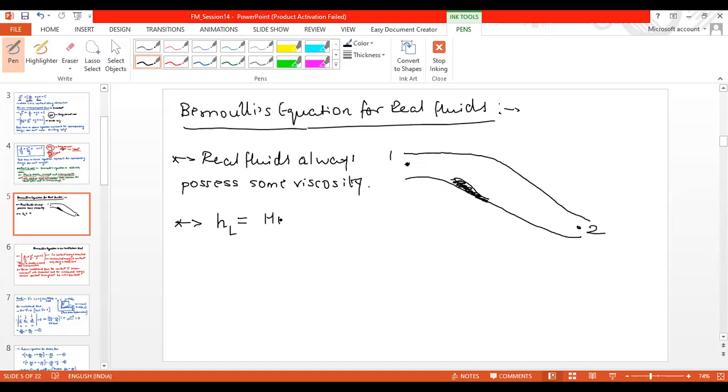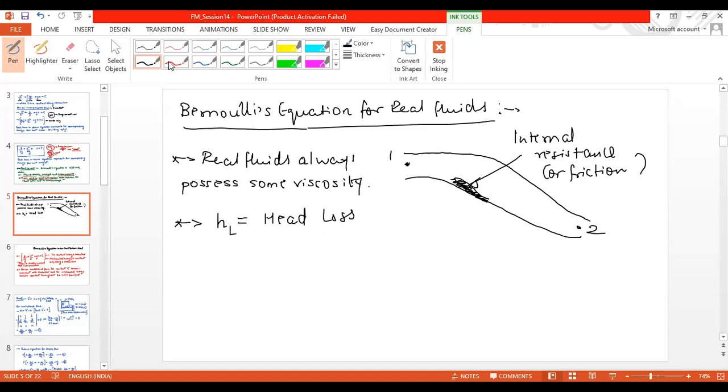In an actual situation, the viscosity is never zero, right? So there will be internal resistance or friction. Let me call the energy loss while going from point 1 to 2 as HL, that is, head loss.